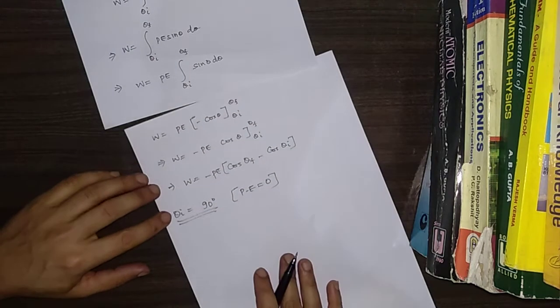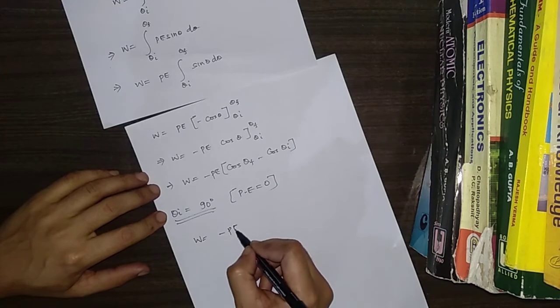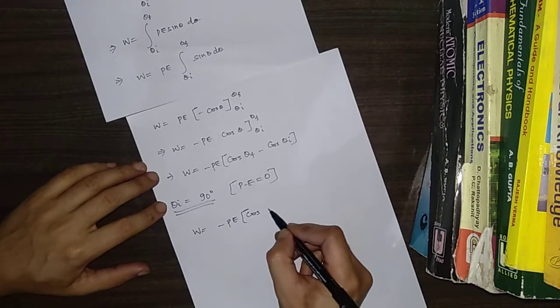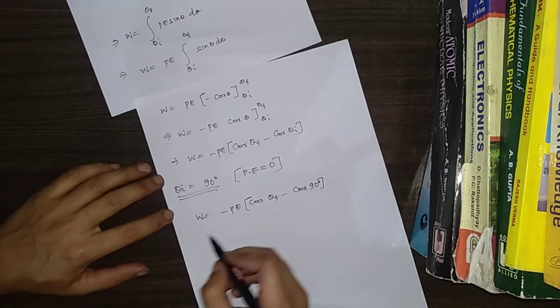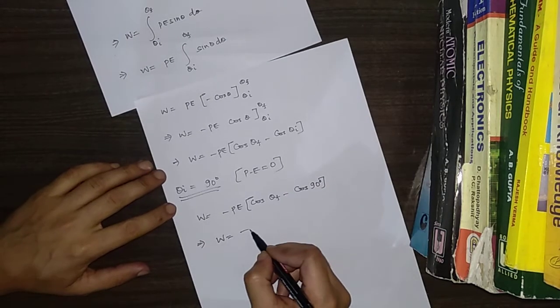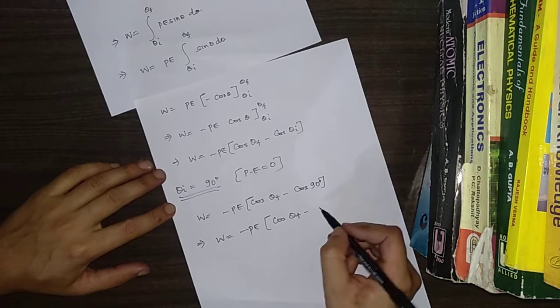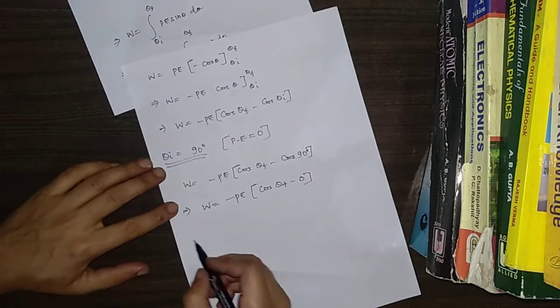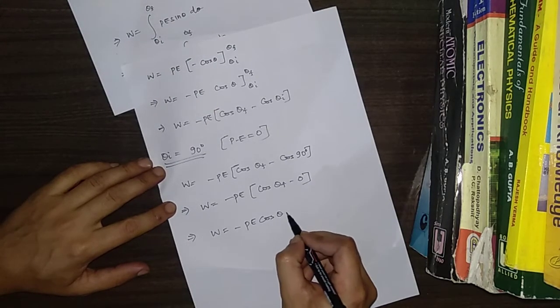This was our consideration. So the work done will be minus PE times cos theta f minus cos 90 degrees. Cos 90 is 0, so your work done is minus PE cos theta f.